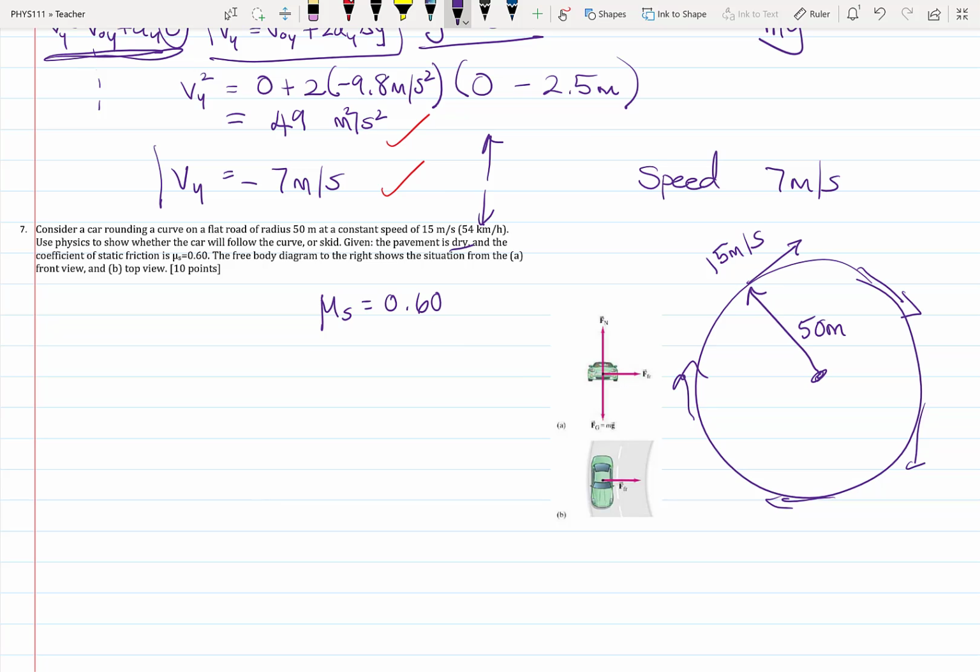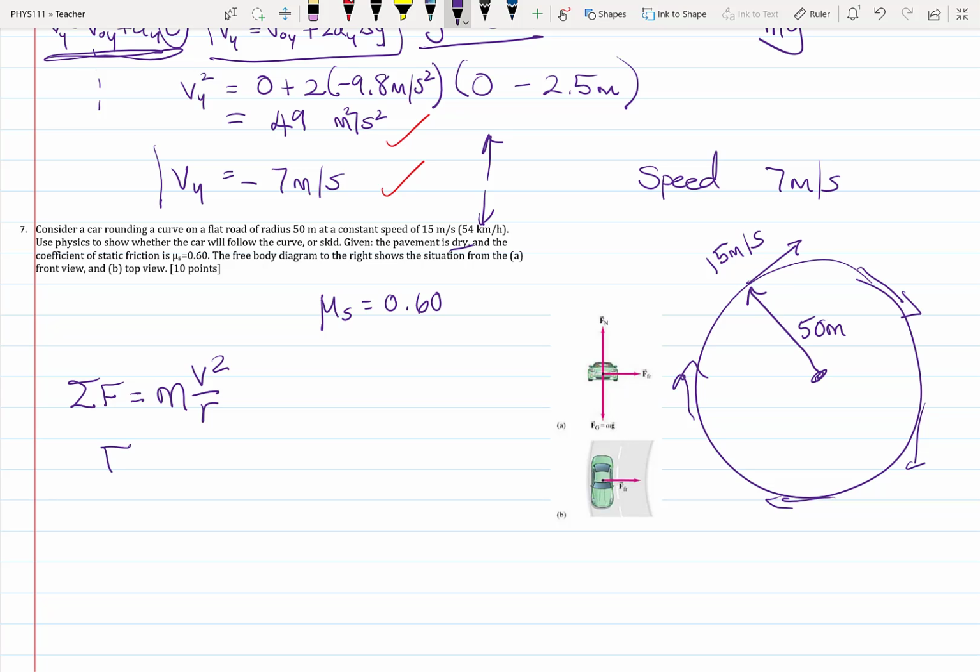That's the centripetal force. So the sum of the forces is equal to ma, and ma is going to be mv squared over r, centripetal force. Well, what's the actual force that's keeping you from skidding, right?